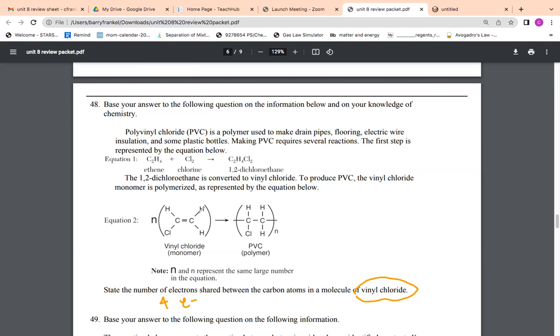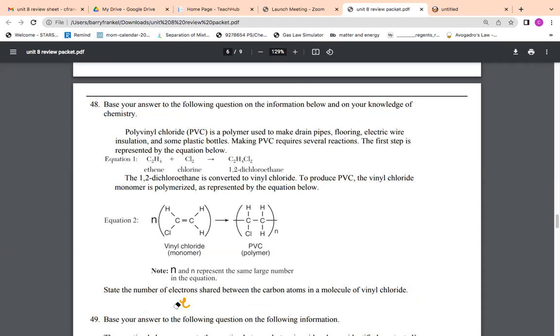Again, you always start off with something that is unsaturated. So here we're starting off with a double bond, starting off with vinyl chloride, okay? And then we have a bunch of these molecules. We break their double bonds, and then it allows them to form a big, long chain or big link with each other. So then you get your polymer. In this case, you get polyvinyl chloride, PVC.